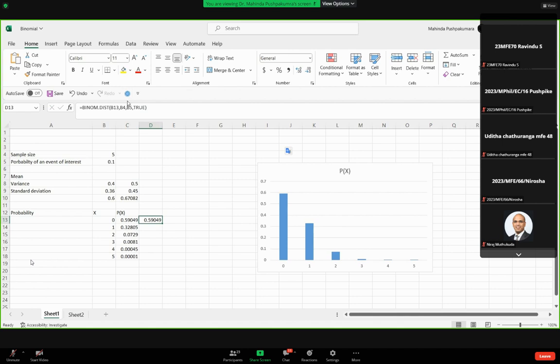Then again you make these two values constant values.